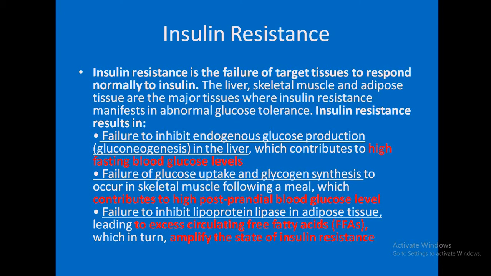It also leads to failure of glucose uptake and glycogen synthesis in skeletal muscle following a meal, so it contributes to high PPBS or postprandial blood glucose. Also, failure to inhibit lipoprotein lipase in adipose tissue leads to excess FFAs, which in turn amplify the state of insulin resistance.